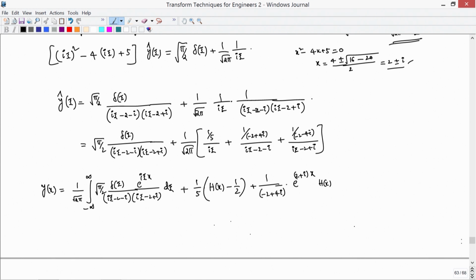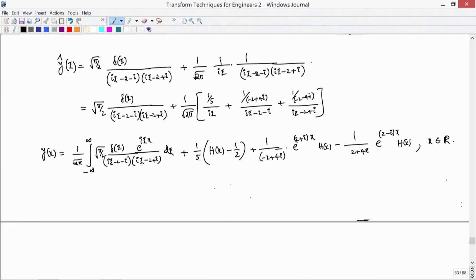And then one more term: you have this partial fraction coefficient minus 2 plus 4i. So, the minus minus comes out, I put it here, and then what you have here is e power 2 minus i x times H(x). This is for x belongs to the full real line, that is minus infinity to infinity. So, this is exactly your solution.